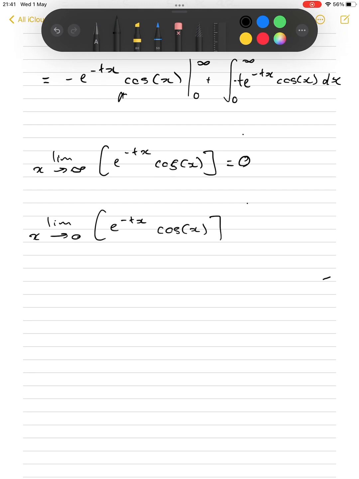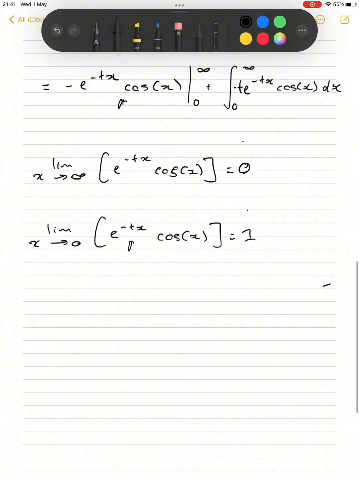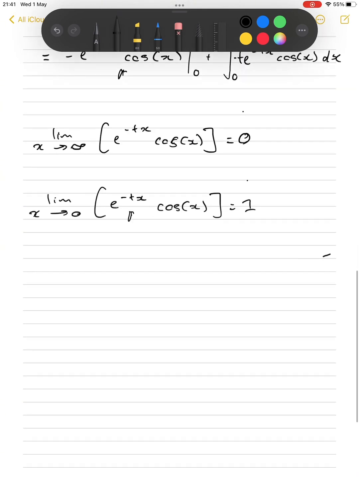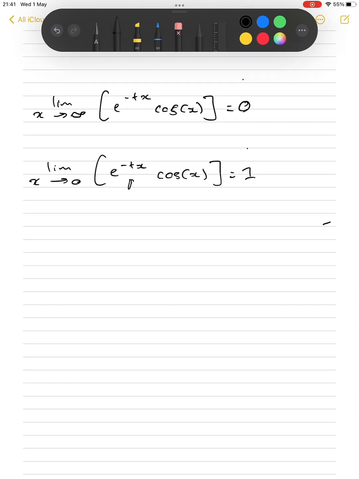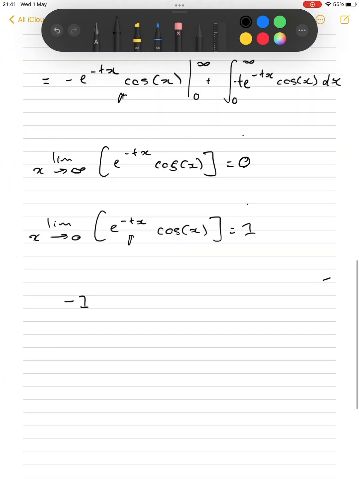Anything to the power of 0 is 1, and cosine of 0 is also 1, so we get 1. We've taken out our constant, which is minus 1, so the expression above is minus 1 plus this integral here, and that is just the integral from 0 to infinity of minus t e to the minus tx cosine x dx.